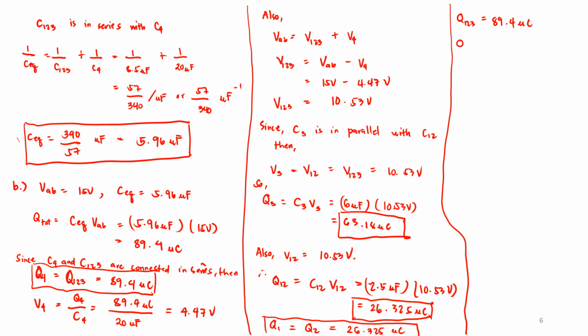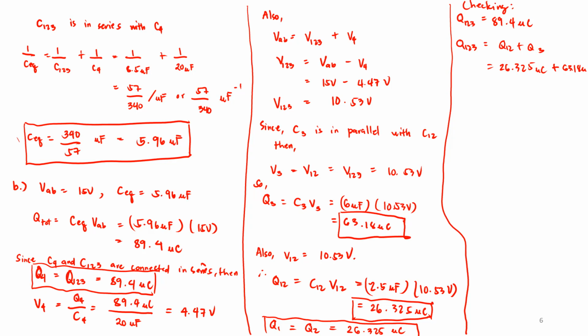Let us see if Q123 is equal to Q12 plus Q3. Q12 has a charge of 26.325 microcoulomb, and then your Q3 has a charge of 63.18 microcoulomb. Okay, so this is for checking purposes.